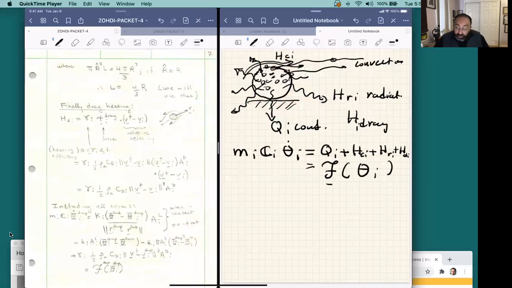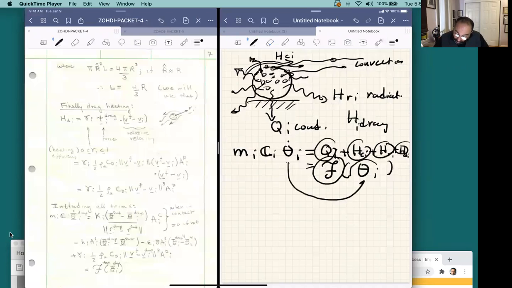Now, F of theta i, it's important to understand. In fact, it's not a vector. Sorry about that. It's a function of itself, meaning that over here, we have the rate of change, and over here, depending upon what these values are, they're all going to contribute to this loading type term. And they're all a function of the temperature of the object.